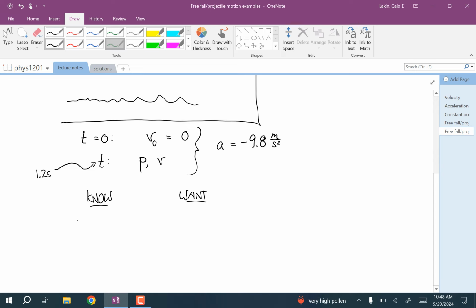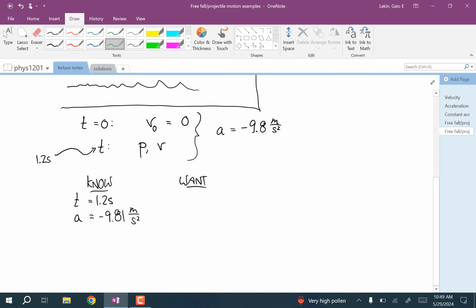So, okay, we know that t is 1.2 seconds. We know that the acceleration is negative 9.81 meters per second squared. We're trying to find p, and we know that the initial velocity is equal to 0.